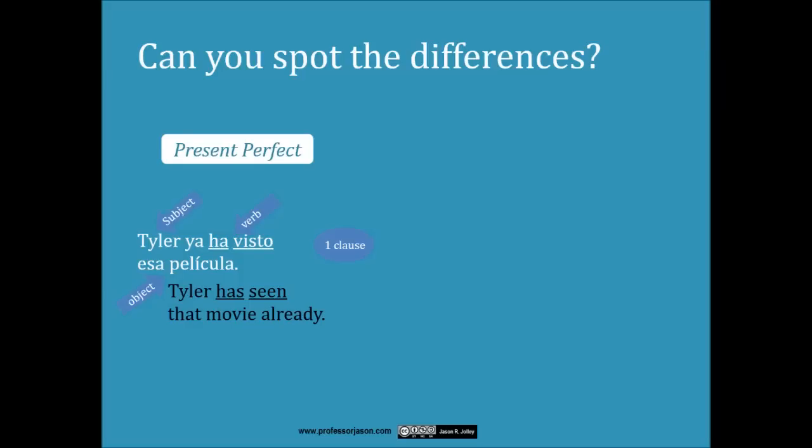So let's take a closer look at one of those examples, the one that features the regular present perfect, or the present perfect indicative. And what you'll be able to see is that it has a very simple, straightforward subject, verb, object syntax. Tyler's the subject, ha visto's the verb, esa película is the object. So there's just one clause.